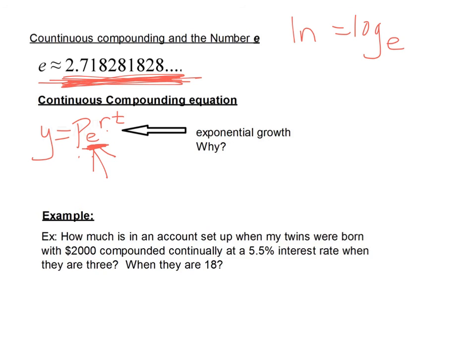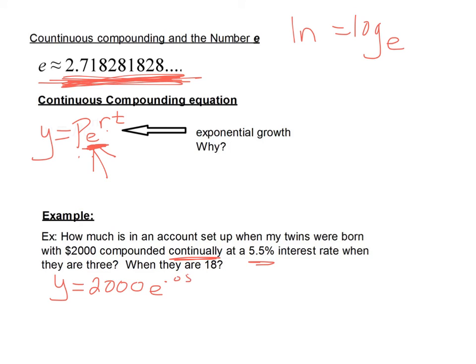All right, so what if I use that same example we started out the whole thing with about the $2,000 for my twins, but this time I'm going to compound it continually, which is impossible, but whatever, if we could, at 5.5%. We're going to do it when they're 3 and when they're 18 again. So again, y equals our principal, E to the rate.